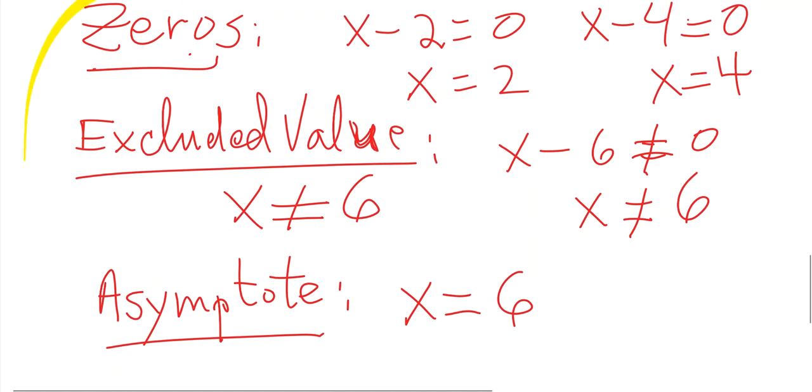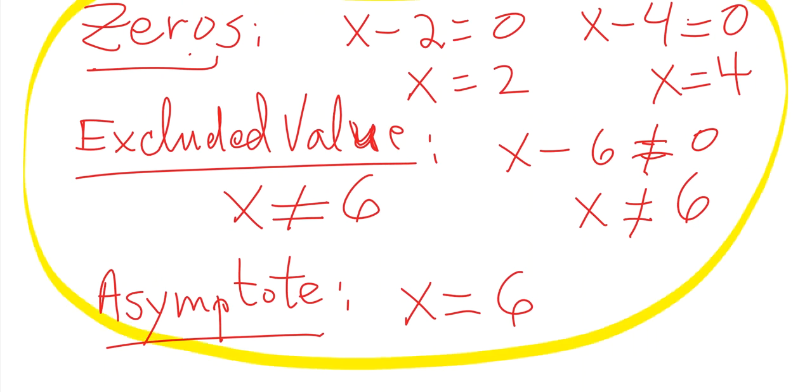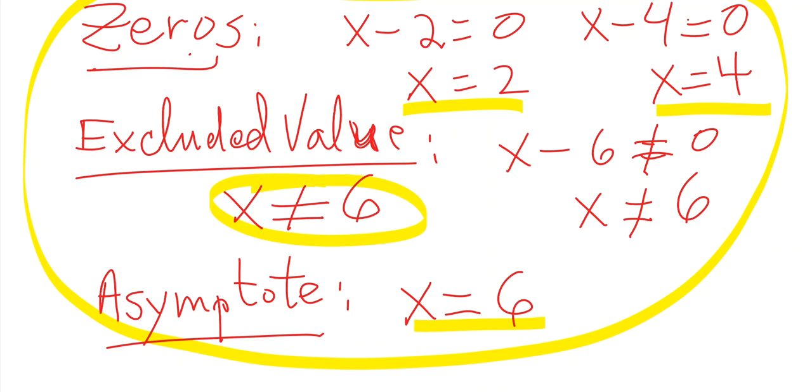There's all the answers to the problem: x equal to 2, x equal to 4, and the excluded value, x not equal to 6. The asymptote is x equal to 6, but x cannot equal 6 because it makes the expression undefined. All right? Very good. Let's move on and see if we can find something else to do.